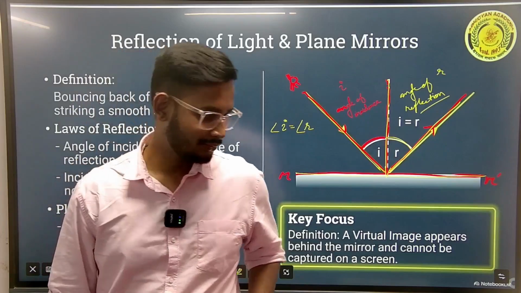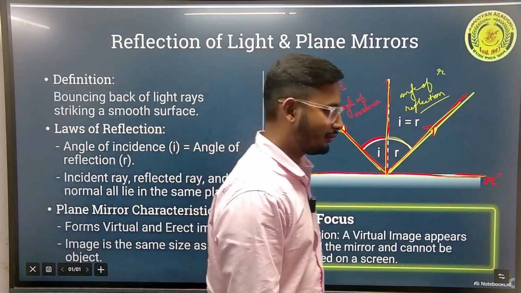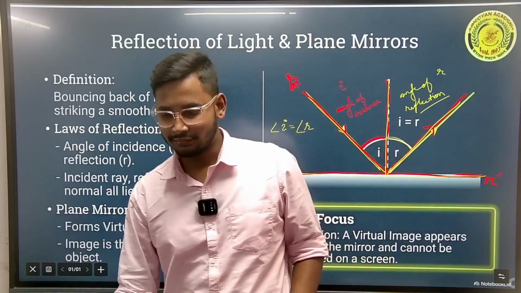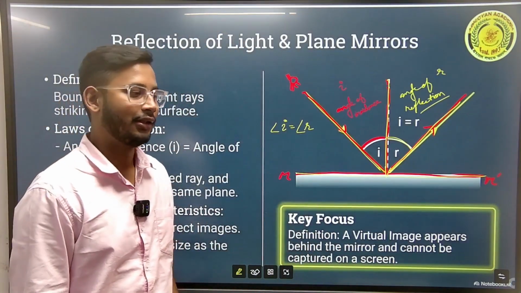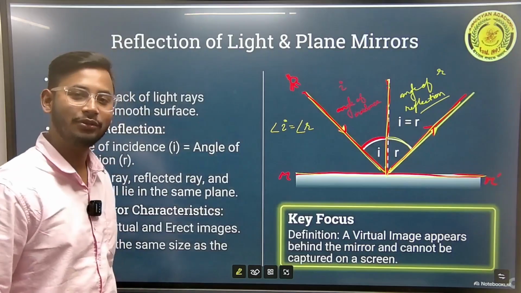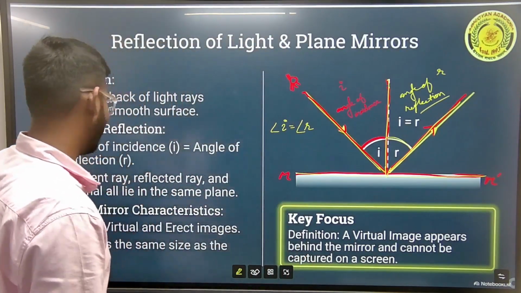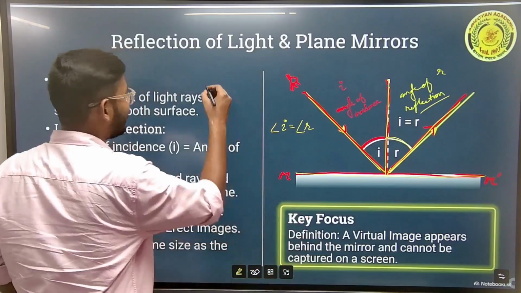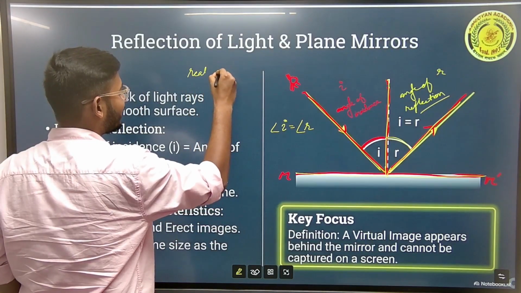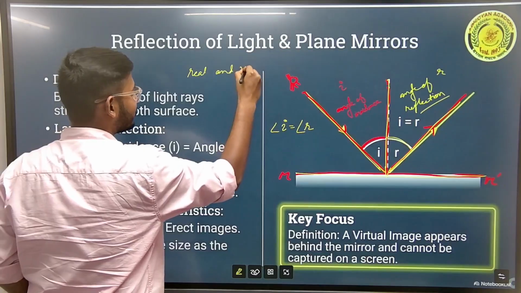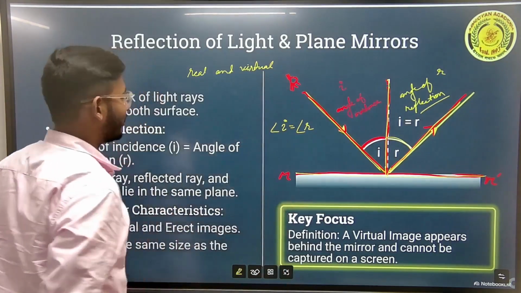Now, in the reflection of an object, we always get an image. We get two types of images. One image can be real and another is virtual.